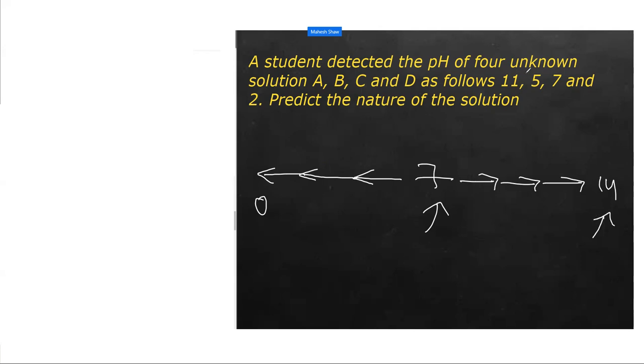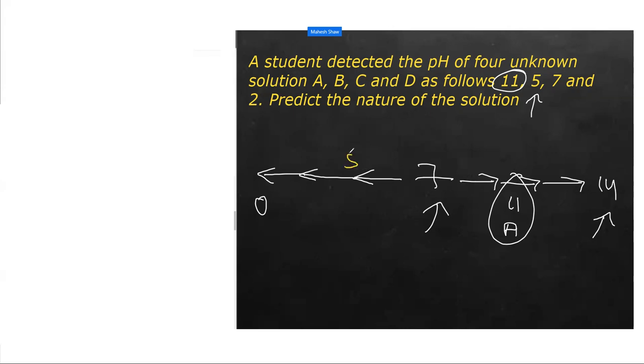Now we can see here that the first sample, sample A, is somewhere here on the pH scale. This is substance A. So it's going to be basic in nature. We just have to say basic, we can say it is alkaline also. Now the next is 5. Now 5 is somewhere here.